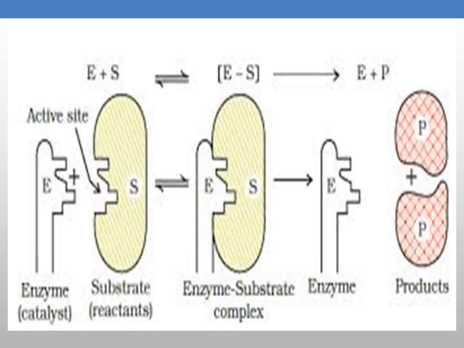This slide shows how an enzyme reacts. Here the reactant is called the substrate. E stands for enzyme, S stands for substrate, which is a reactant. And the enzyme has active sites or active centers where the substrate molecule can come and bind.